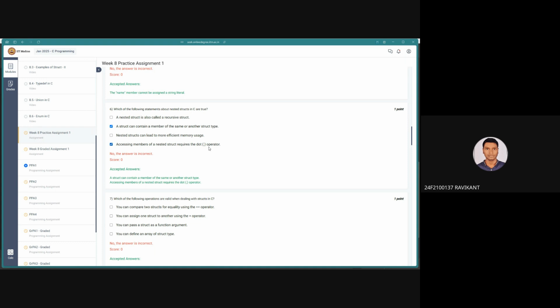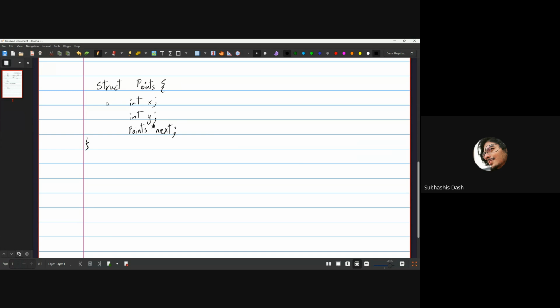Why is the first one incorrect? I'm not really sure. I think it's because this particular one could be called a recursive struct, but then let's say we have struct 3D. This is just a variable name, so don't worry too much about it.